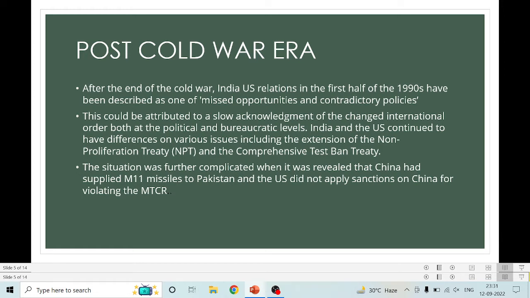So this was something which was an irritant, and also that China had supplied M11 missile to Pakistan, and US did not apply any kind of sanctions on China for violating the MTCR. MTCR has a cap on the ability of missiles in terms of kilometers, payload, etc. They put a cap for this.